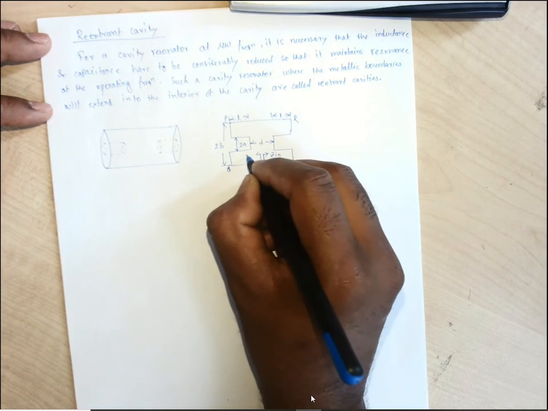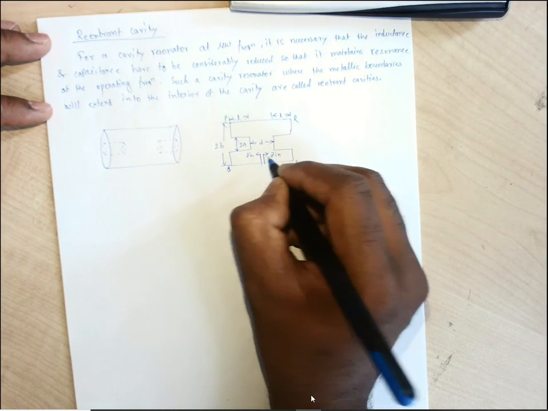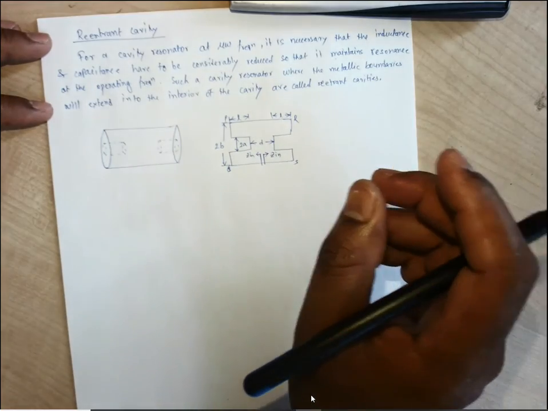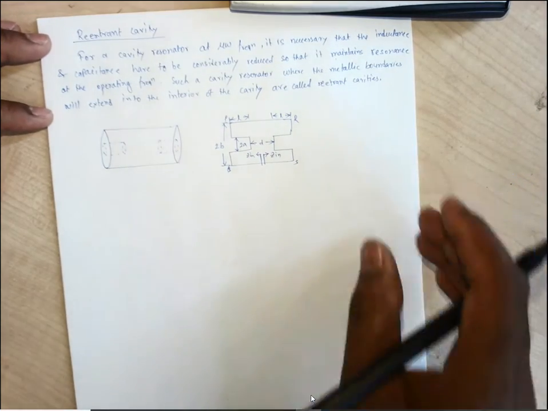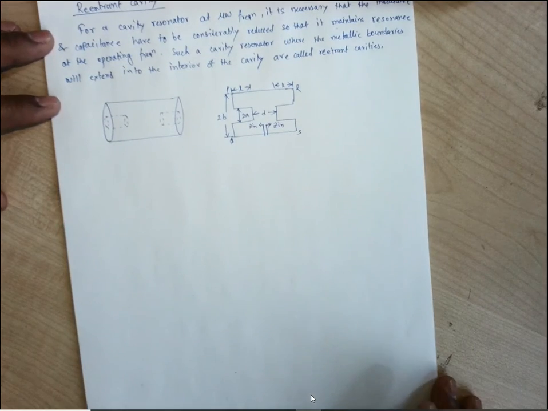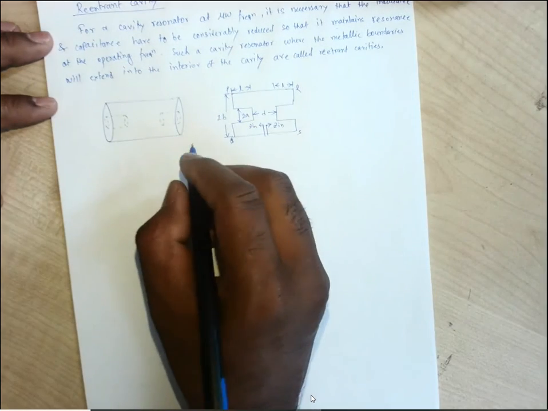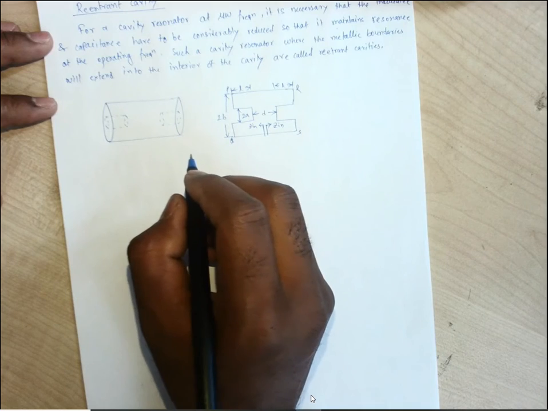We can also find some input impedance at this side. So what does it mean? Two impedances are connected in parallel. It is an example of re-entrant cavity.